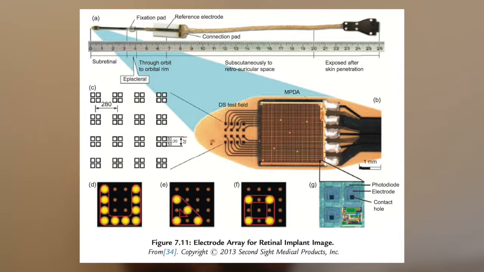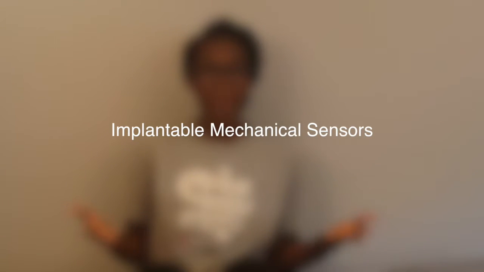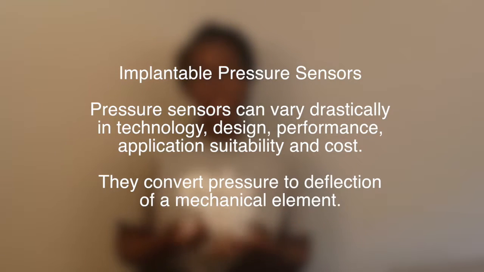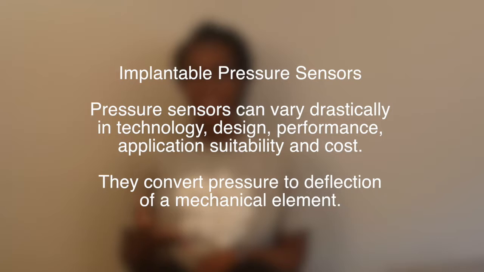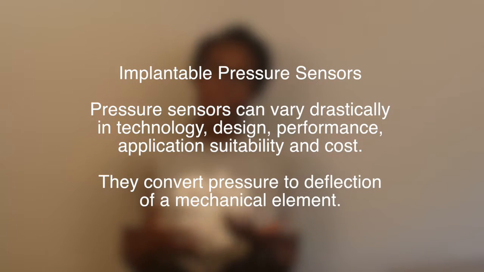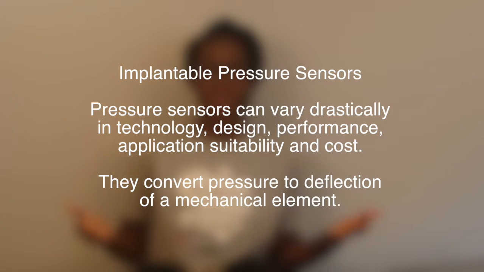Now, there are different types of implantable sensors, and that includes mechanical sensors. And mechanical sensors include pressure sensors, piezoresistive pressure sensors, as well as transduction-based sensors. As we know, pressure sensors can vary drastically in technology, design, performance, application, and even cost.